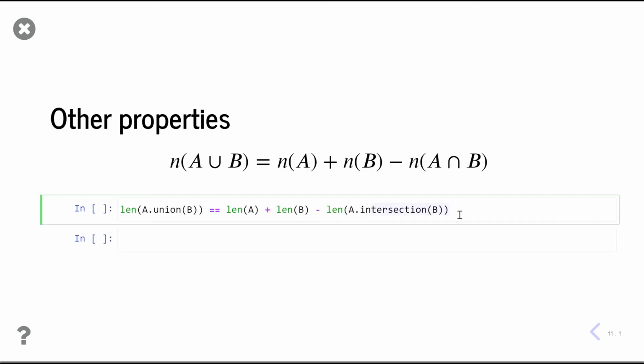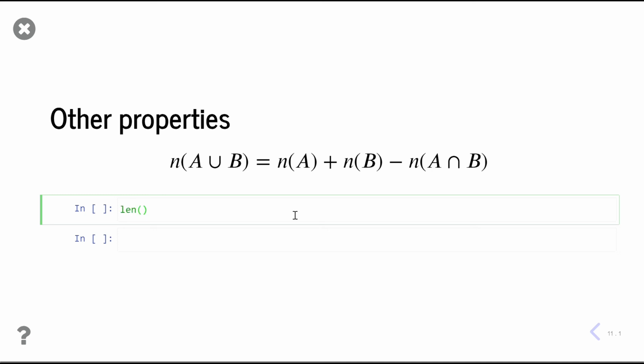One of the properties says that the number of elements in A union B is equal to the number of elements in A plus the number of elements in B minus the number of elements in A intersection B. Therefore, we can check whether this is true.